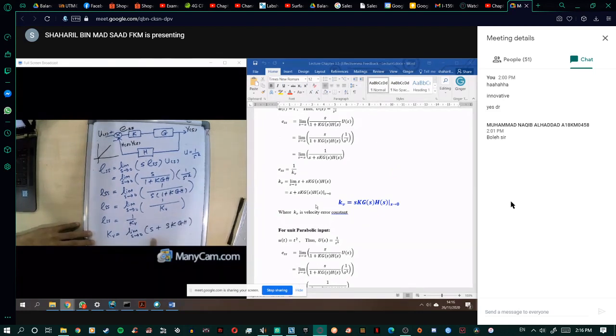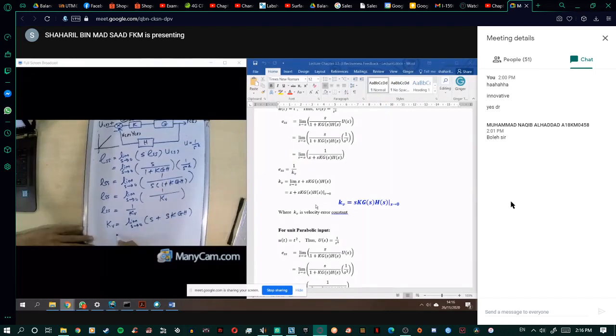To cancel out the limit, we set s equal to 0. The KGH value will be much bigger than the coefficient s here, so we can say that s KGH equals 0. So this is the Kv.